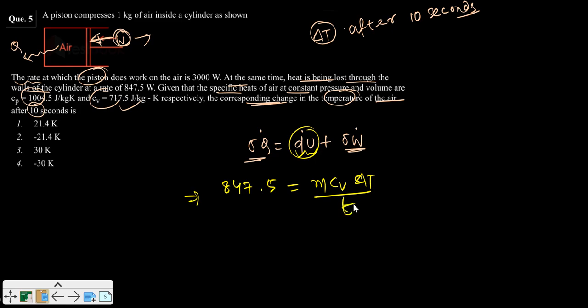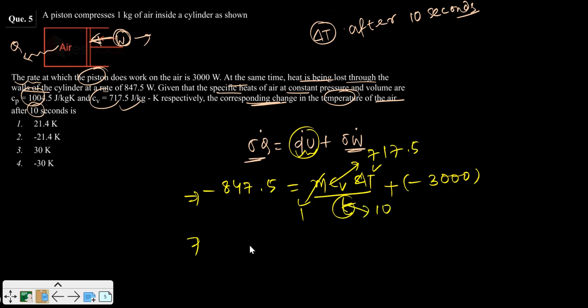So this t is the time and this is the temperature, plus del W. Here it will be with a negative sign, 3000, right? So here Cv is given, that is 717.5, and mass is given as 1 kg, and this t is given as 10, right?